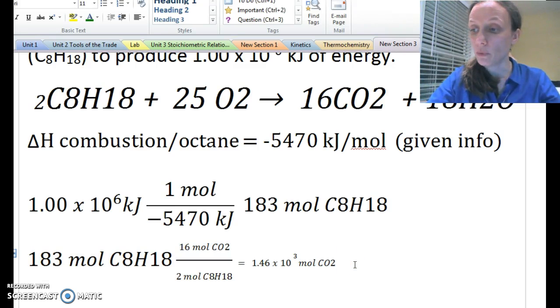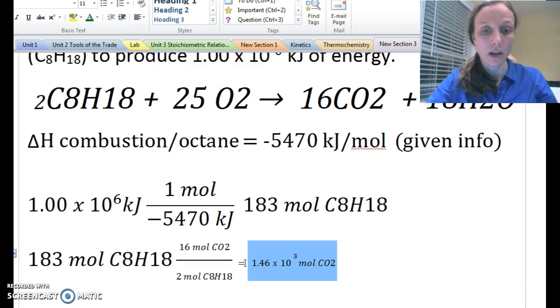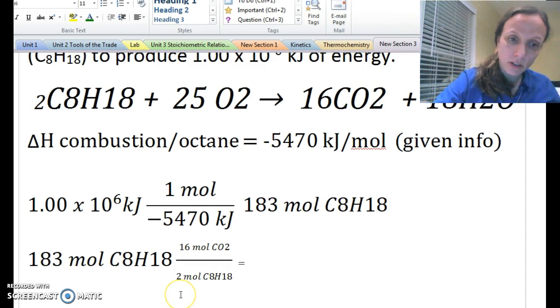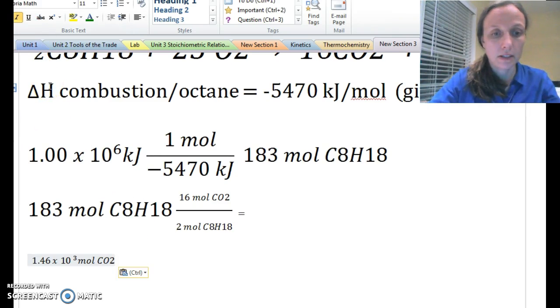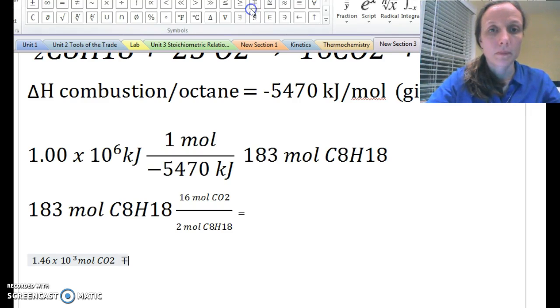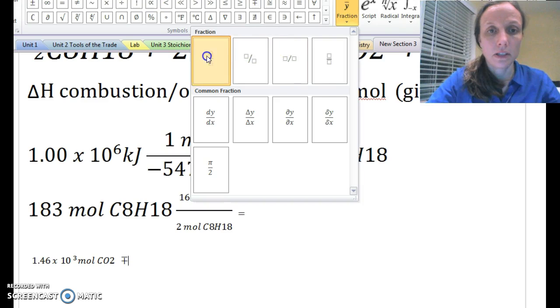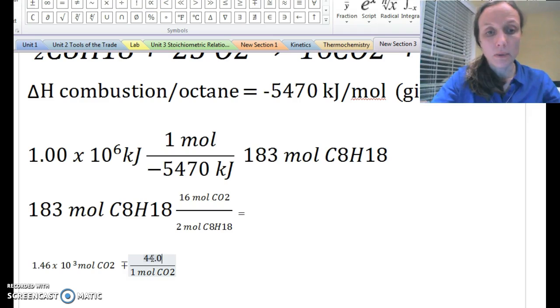So we've got moles here. We're almost done. What are we going to do now? You can probably guess we're going to go to grams. So this is your copy, and then you can paste, and then we'll insert this little guy here to help us go to 1 mole of CO2, and then this is 44 point, you guys, I don't remember that decimal, so hold on.